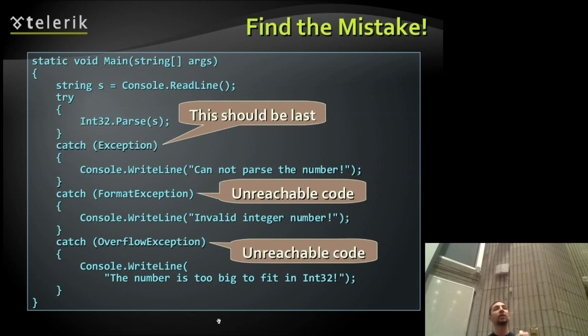It will never get triggered because it looks at the width of the net for the exception in order. So if you catch exception, format exception and overflow exception are subtypes. As a result, they'll get caught by that first catch block. Does that make sense?